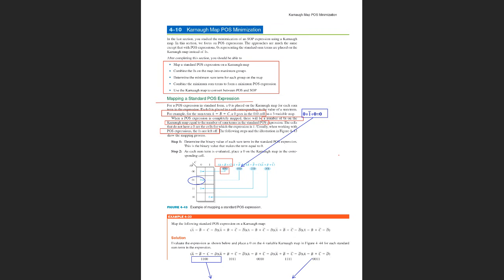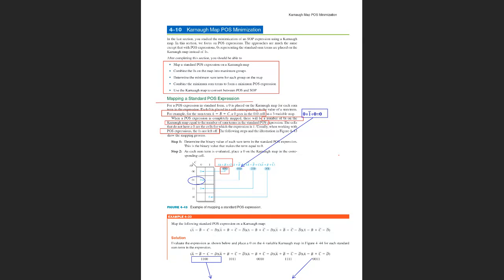The next sum is A plus not B plus C. This sum is 0 when A is 0, B is 1, C is 0. We look at the Carnot map and the location of 0, 1, 0, and we find in row 0, 1, column 0, the cell into which we put 0.